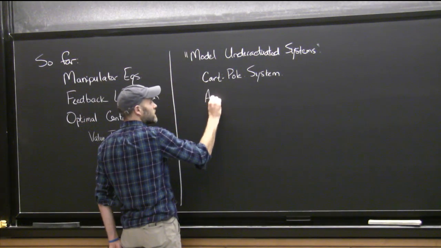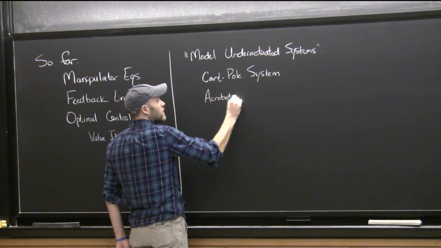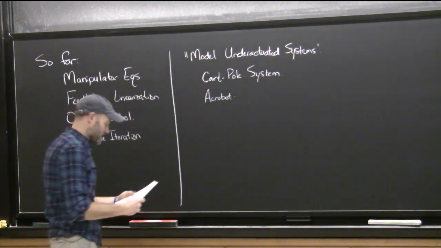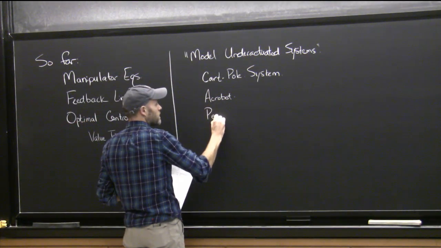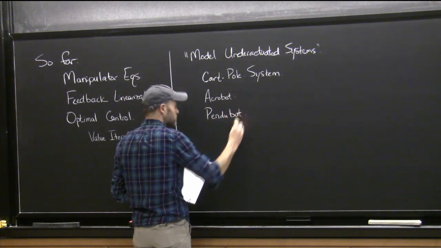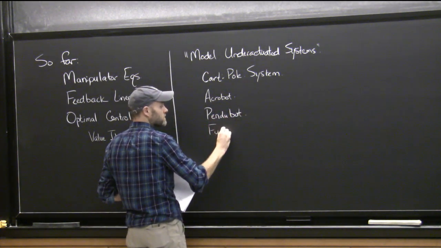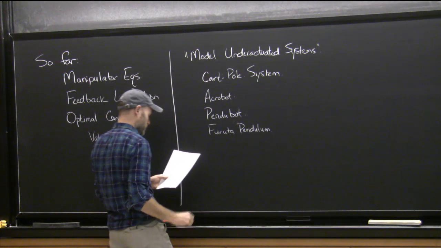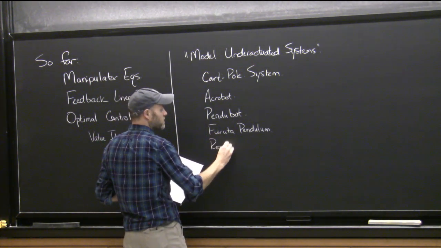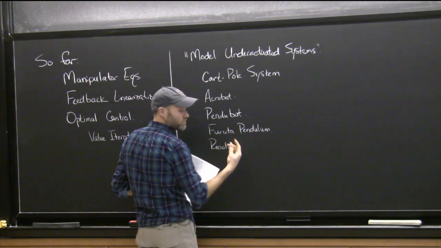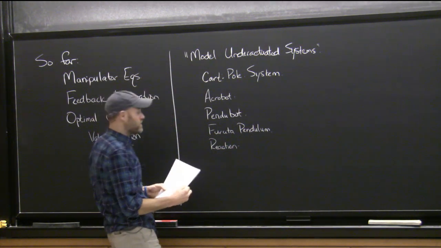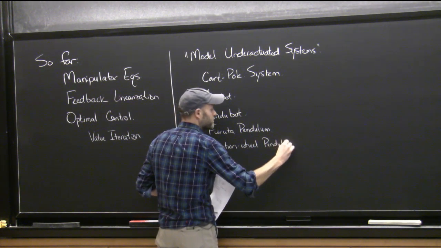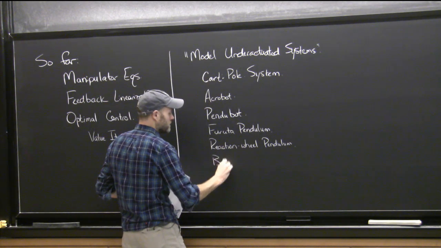There's another one that we're going to talk about today, which is the Acrobot. There's a slew more that are in that class. There's something called the Pendubot, the Furuta pendulum you might have heard of, and the reaction wheel pendulum. These are all pendulum-type examples that are cool and actually are good fodder for class projects. There's one called the ball and beam.